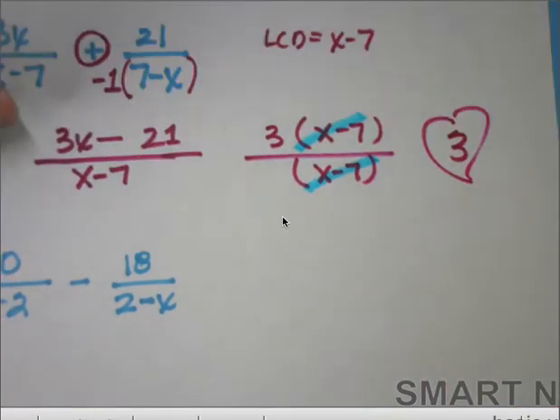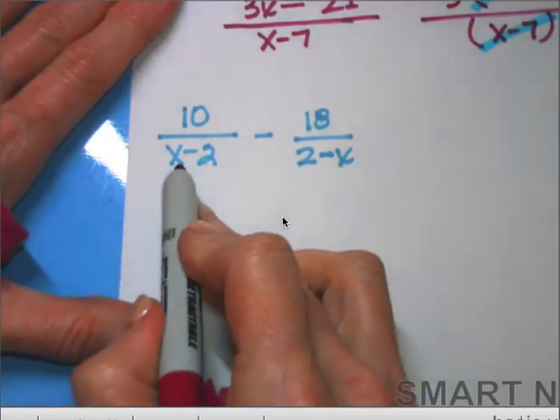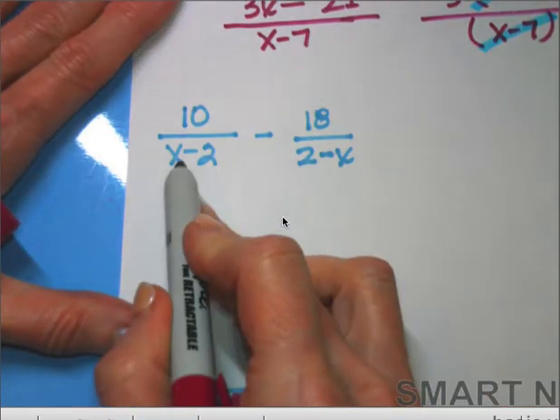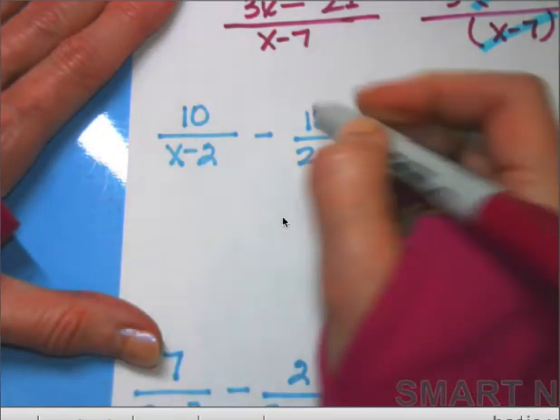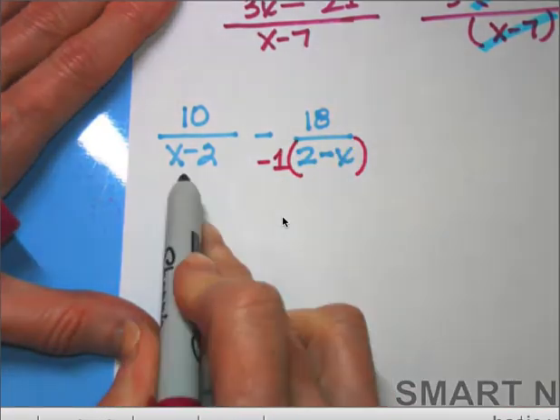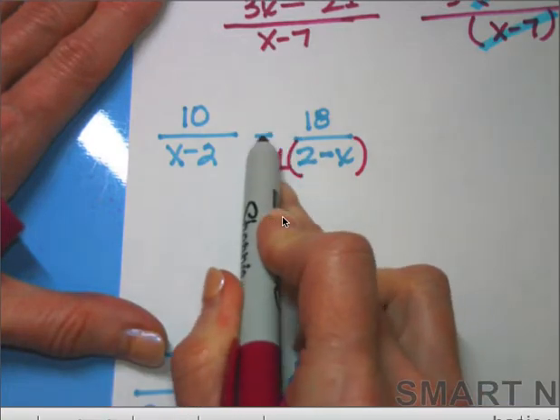I'm going to do all of these with you, and I'm going to use the same process each time. Analyzing the second, I can see that I've got x minus 2 and 2 minus x. So my common denominator, I'm going to default to the first. I'm going to say that I want my common denominator to be x minus 2. Notice that this is a subtraction.